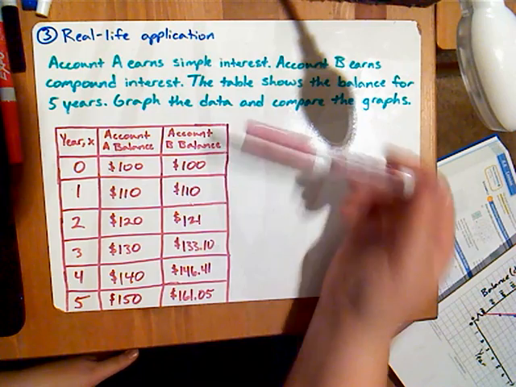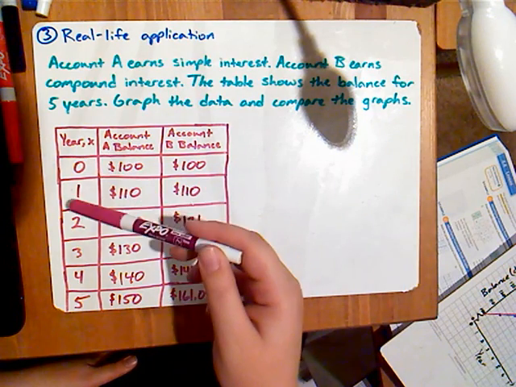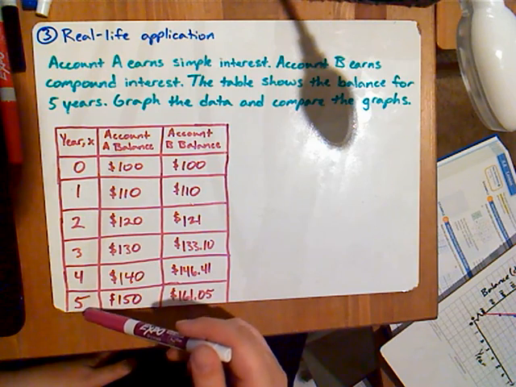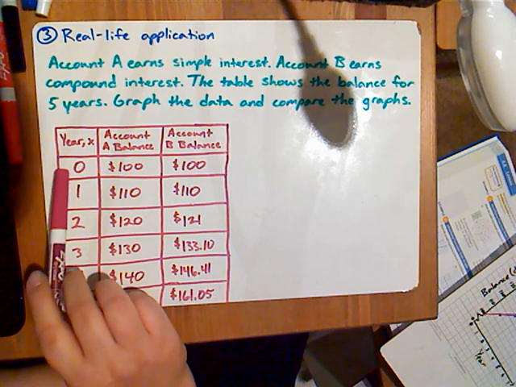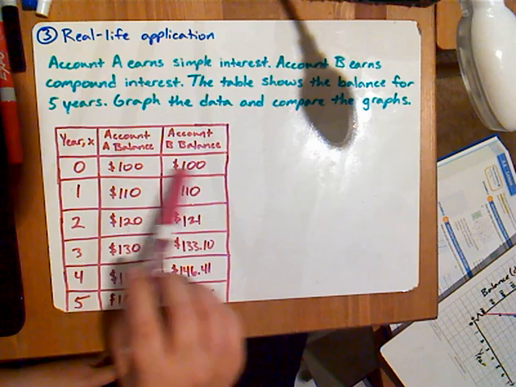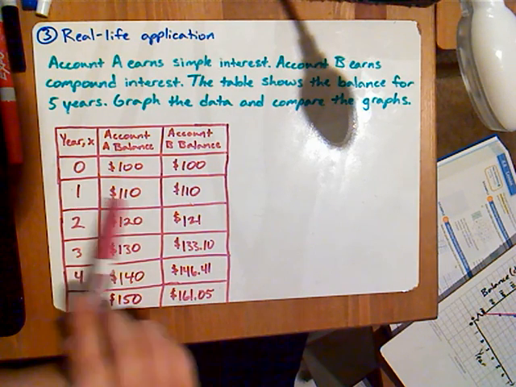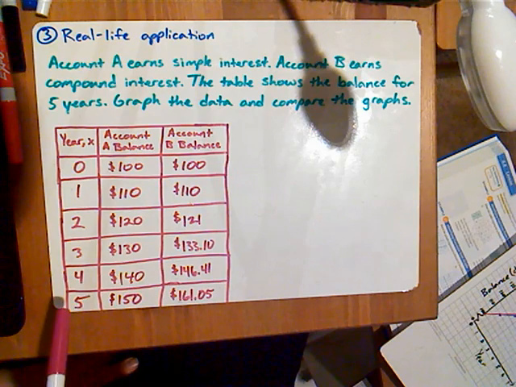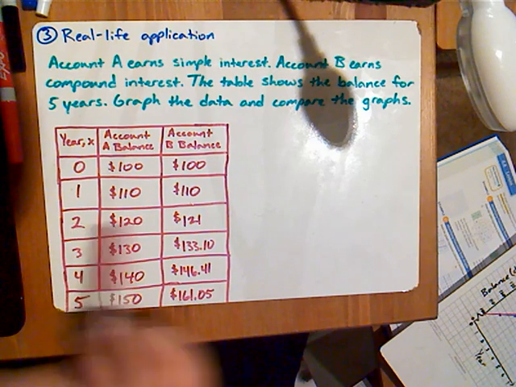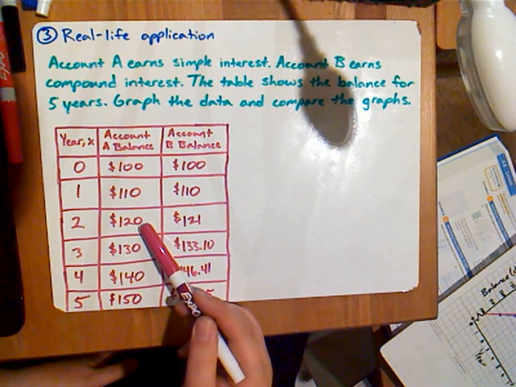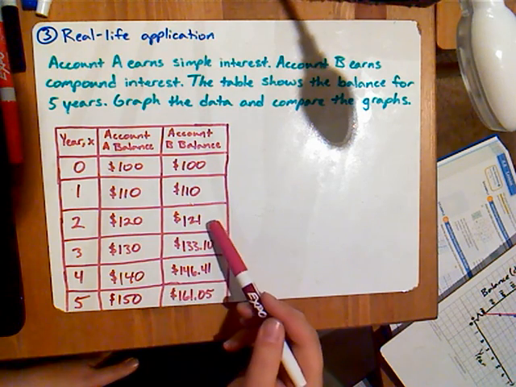In our table, we've got our years going from 0 to 5. At the beginning, both balances are at $100. Year 1, both balances are 110. Year 2, account A is 120, account B is 121.